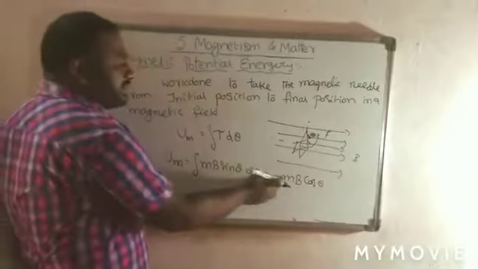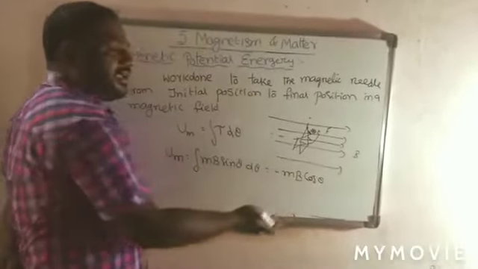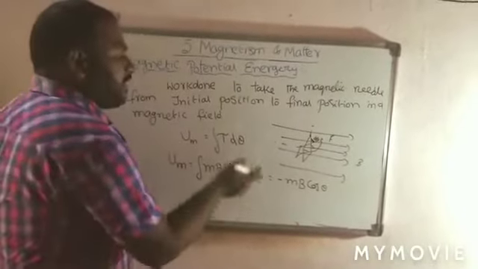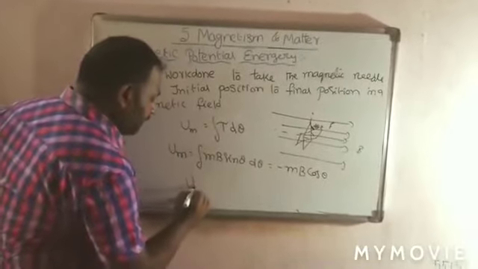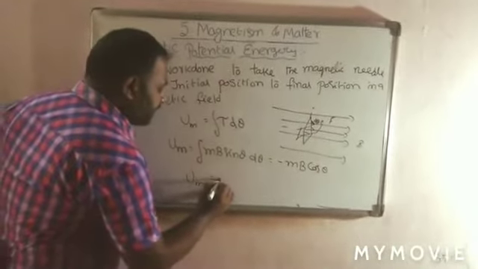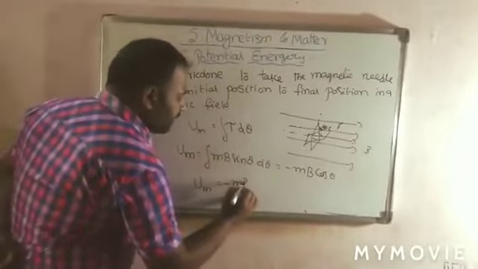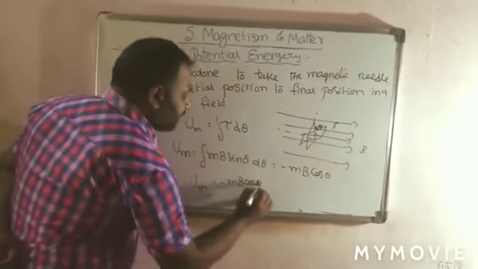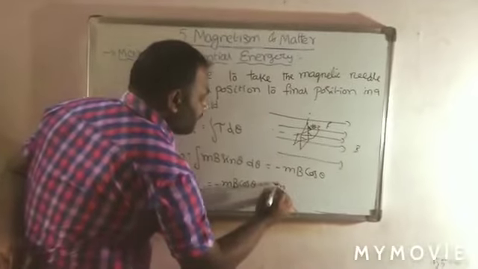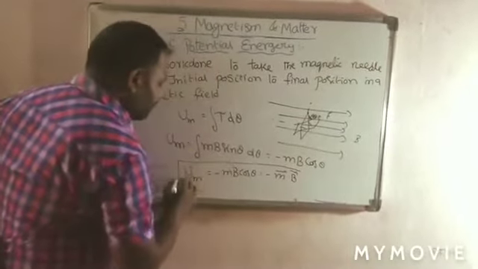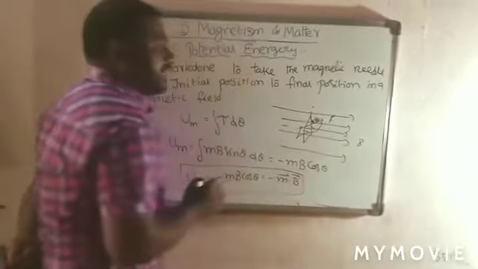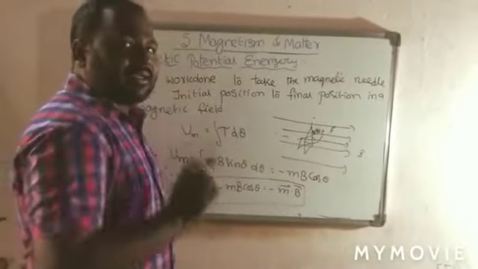So this is in the form of AB cos theta, which can be written as A bar dot B bar. Finally, the magnetic potential energy is equal to minus m into B cos theta. This is equal to minus m bar dot B bar, which is similar to electric potential energy, minus P bar dot E bar.